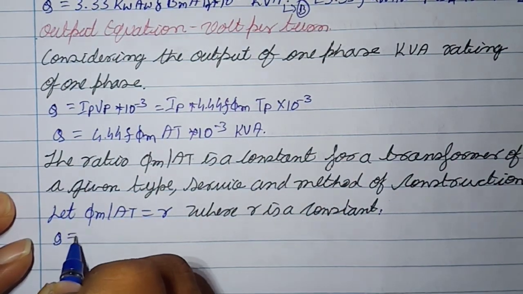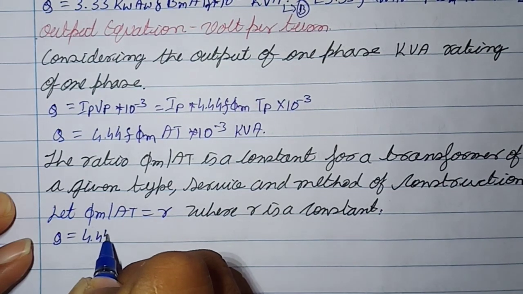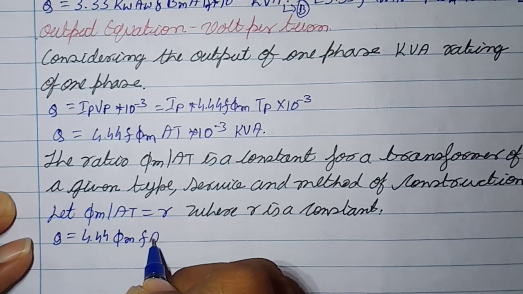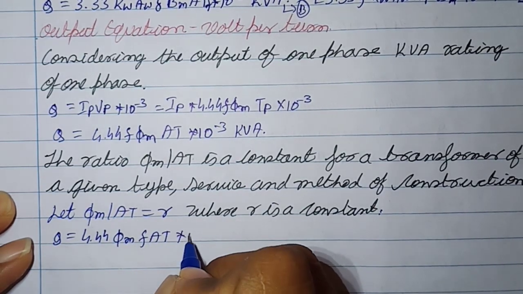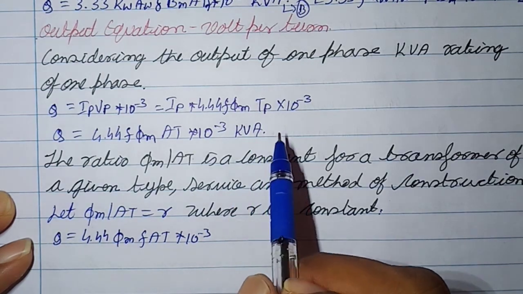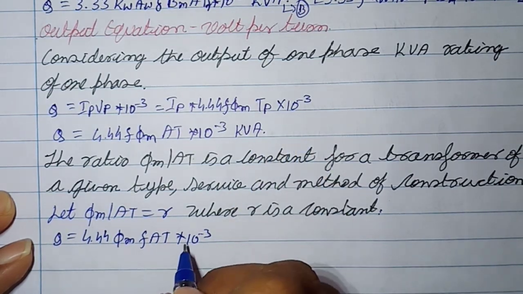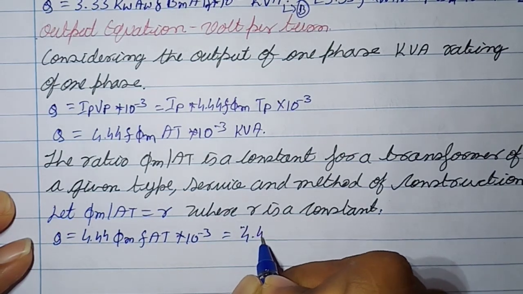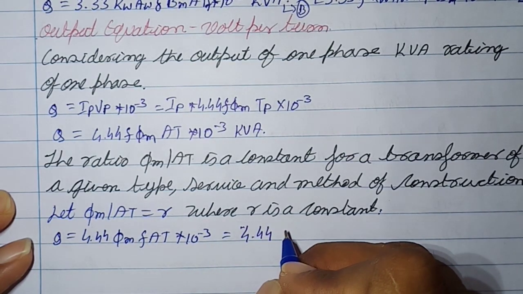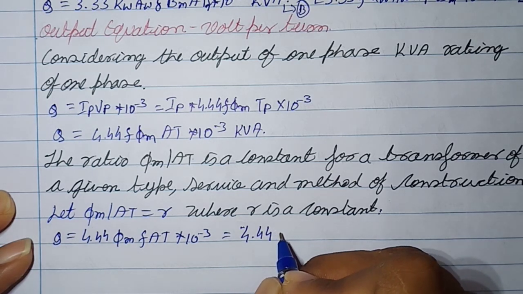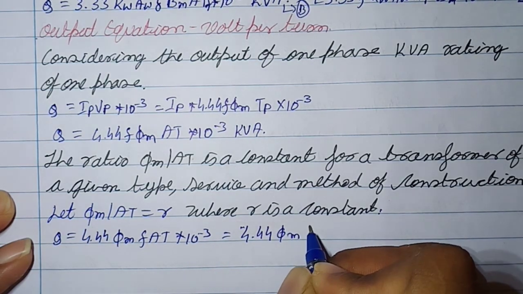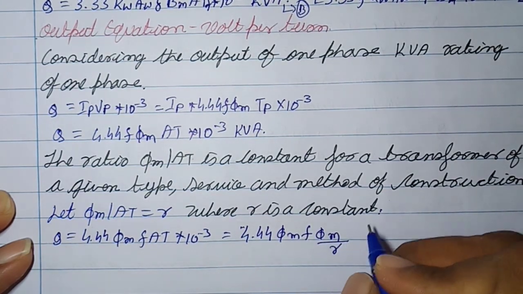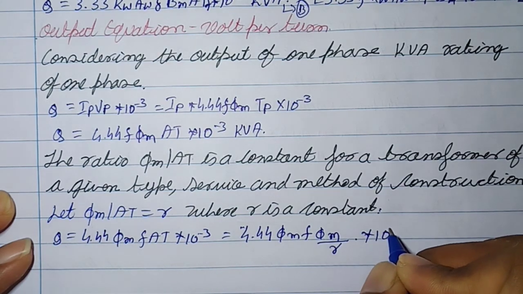So Q is equal to 4.44 phi m F AT into 10 raised to minus 3, the one which we have got here. With this, it is 4.44 F phi m by R into 10 raised to minus 3.